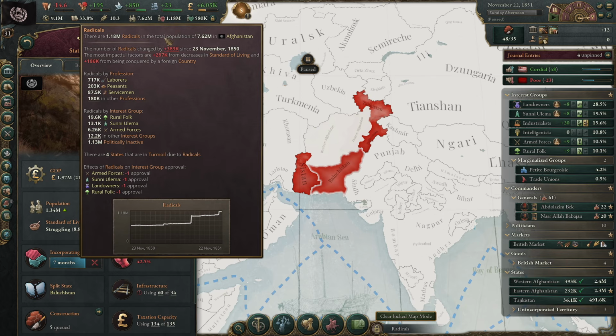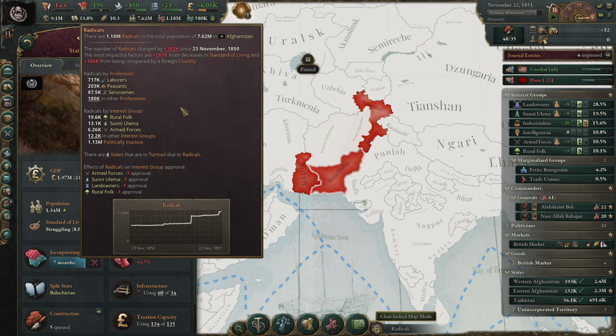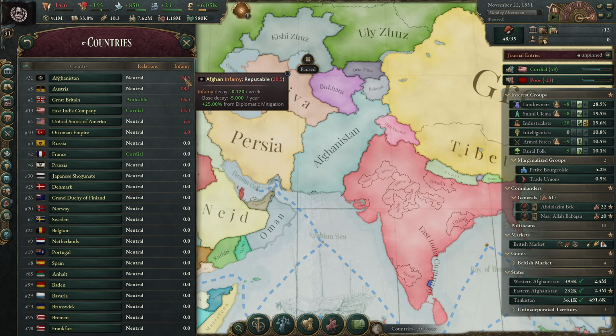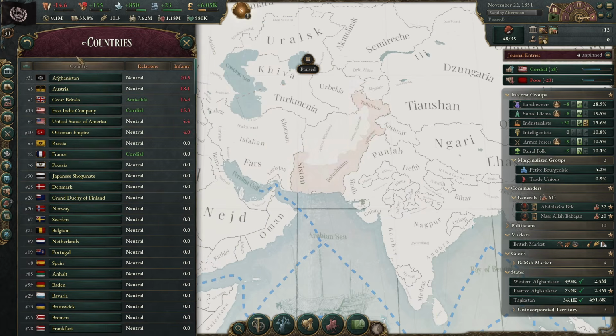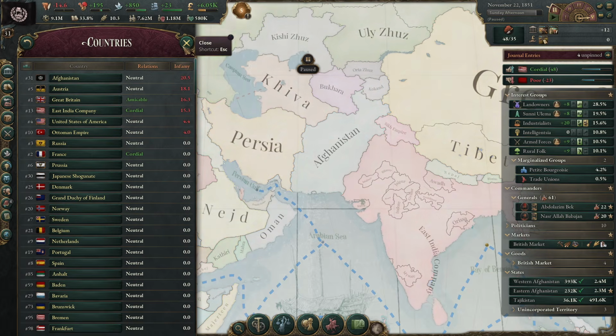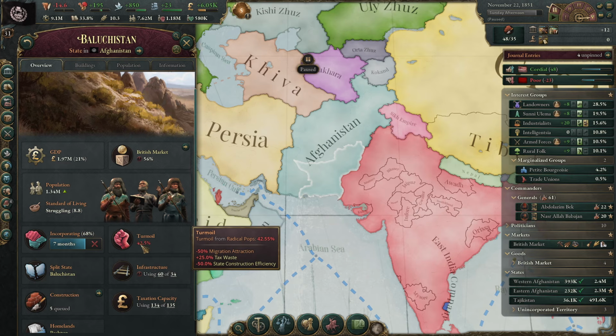When you conquer territory, you get radicals in that territory from being conquered by a foreign country. And you can see that right here on our map, right? There's a bunch of radicals in the 4 states that we've conquered. But as your infamy goes up and you hit specific ranks in your infamy, which we haven't hit, but now you do need to be aware of this, at certain ranks of infamy, you're going to be getting even more radicals from Conquest, and unless they've rebalanced it, at 100 infamy you're getting 100% radicals from Conquest, which means that the areas that you're going to be conquering with massive amounts of turmoil are going to be accomplishing basically nothing for you.